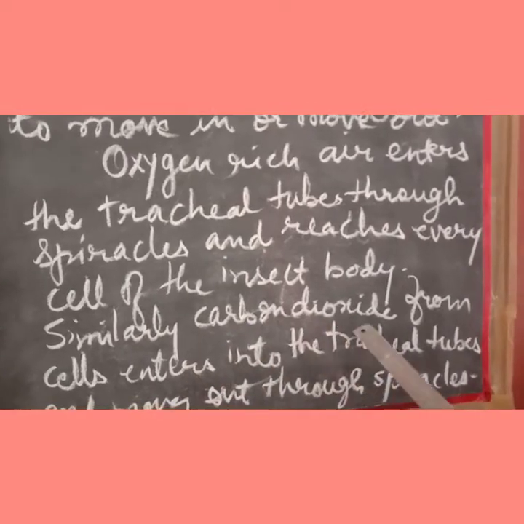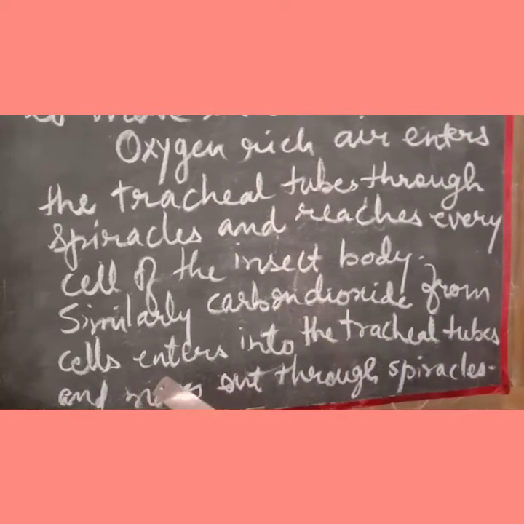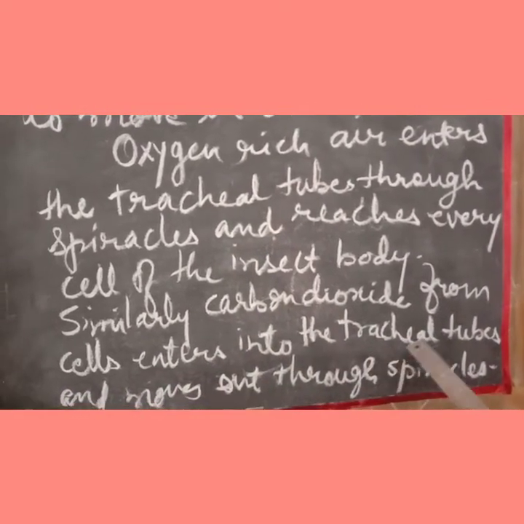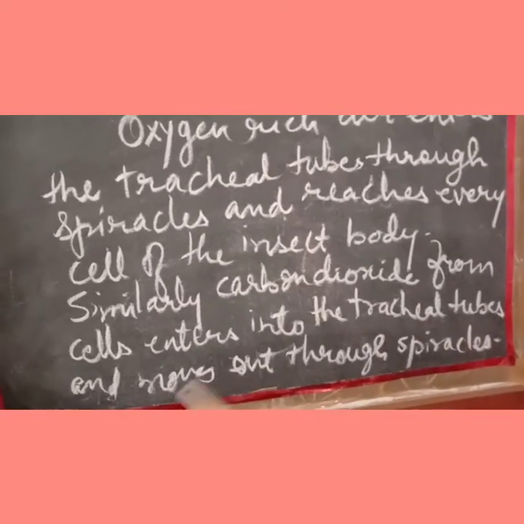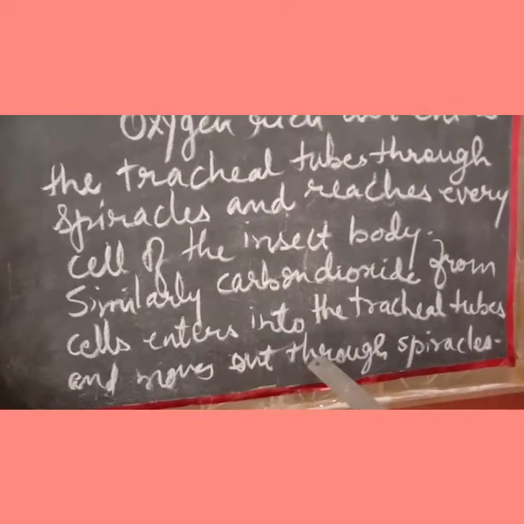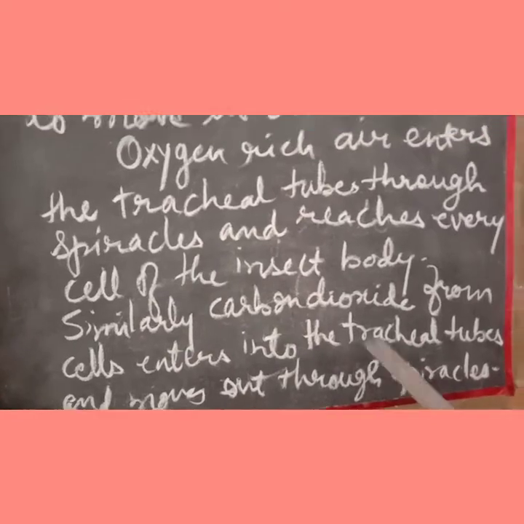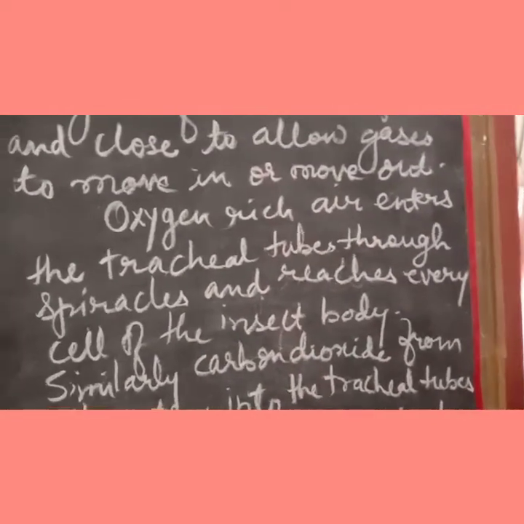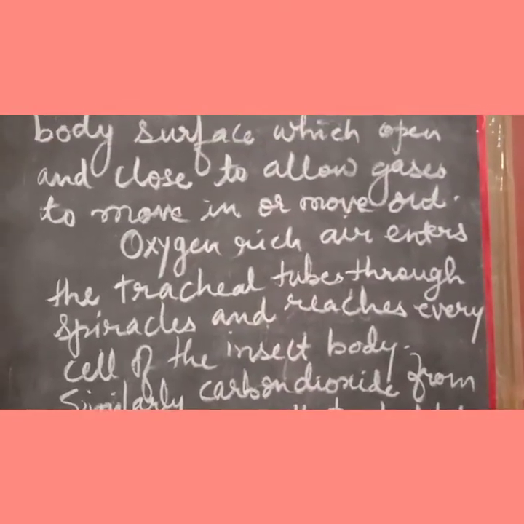Similarly, carbon dioxide from the cells enters into the tracheal tubes and finally moves out through the spiracles. So this is how respiration occurs in case of insects.